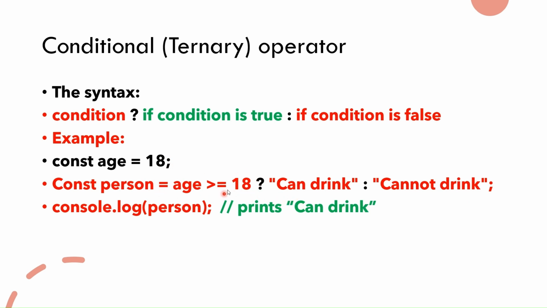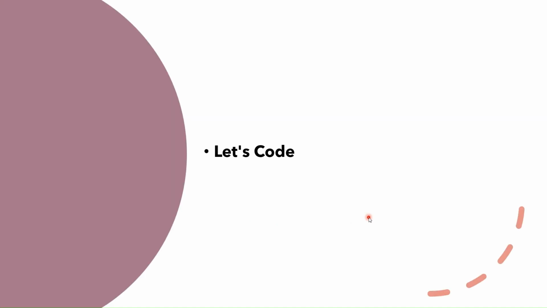It will evaluate this expression to true, and the first value, 'can drink', will be returned to person. Console.log will print 'can drink'. I will show it to you in the coding part as well. Now let's stop talking theory and go do some coding.